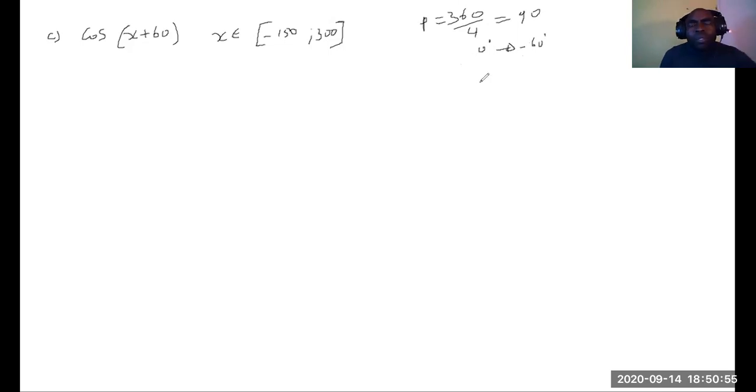So meaning we expect to have some critical values.